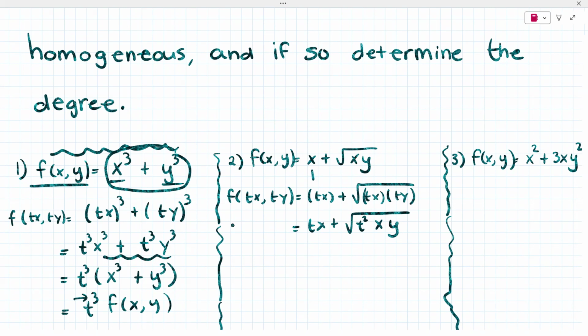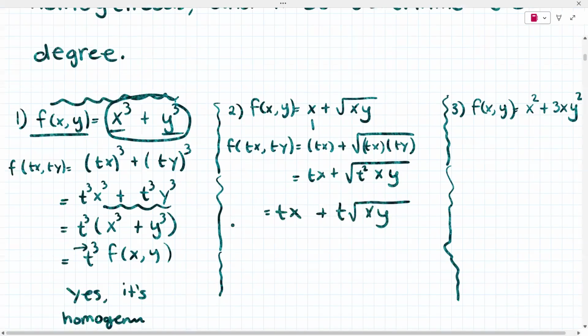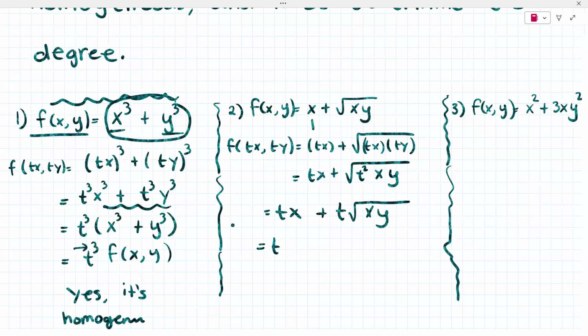Inside the square root, it looks like we could factor out a t, because the square root of t squared is t. So it's going to be t square root of xy plus t of x. Anything else you can do? Yes, it looks like they both have a t. So you could factor out a t, so this would be t times x plus square root of xy.